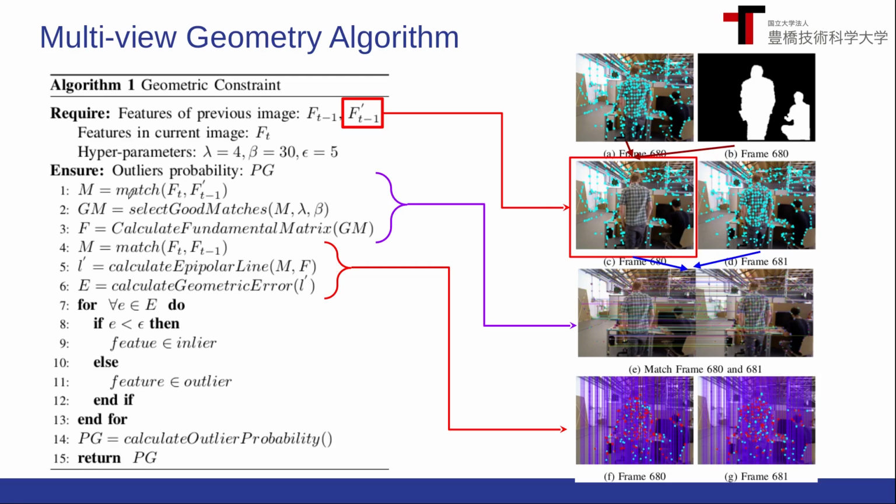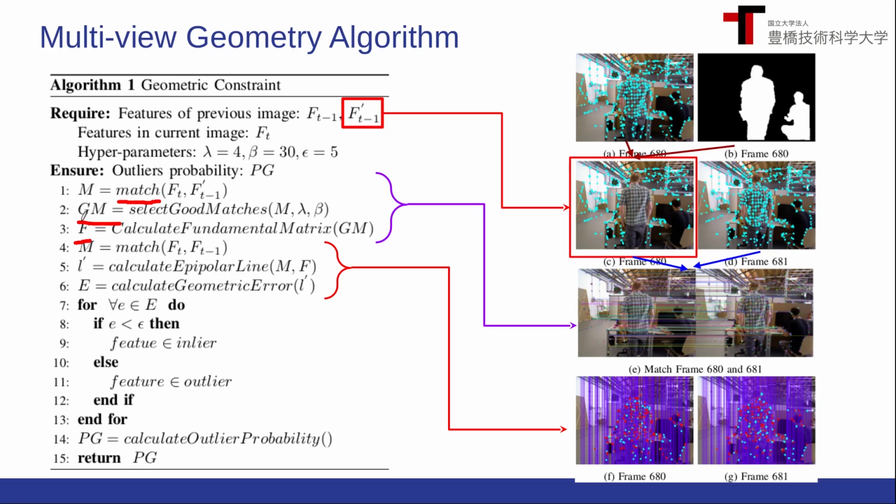Then we match the current image and the rendered previous image. This is the current image, this is the rendered previous image. We match them and use the selected good matched features to calculate the fundamental matrix.